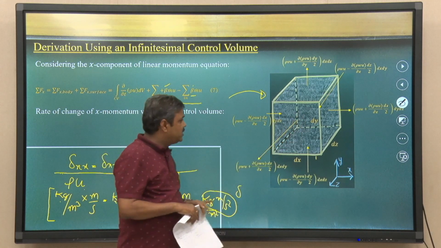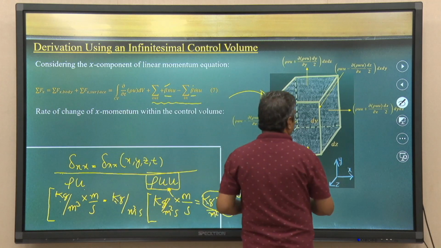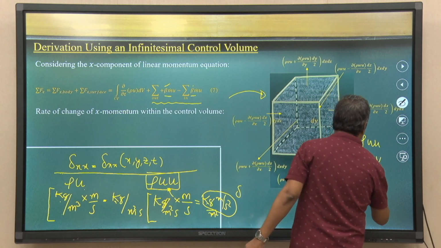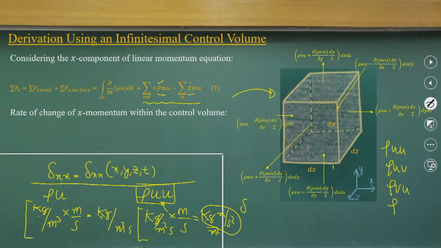In the same way you can write rho uu, rho uv, rho vu, rho wu. All of these are nothing else but a force per unit area arising because of momentum flux going in the x direction because of mass flux in this direction, and in the y direction because of mass flux in the y direction.